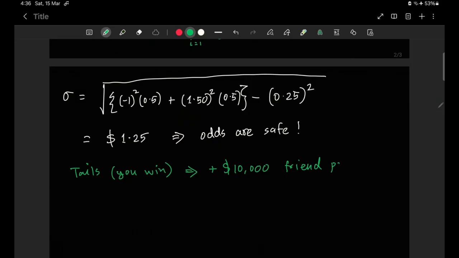But if you were to lose, in other words, if it were to land on heads, then you would pay her. So for you, the outcome would be negative $10,000. Sorry, let's say this is, forgot the 50 cents. And if you lose, you pay 10,000. And this is what you pay.